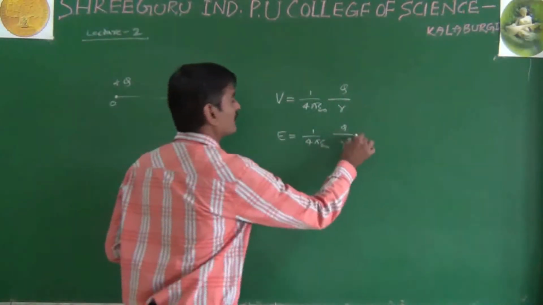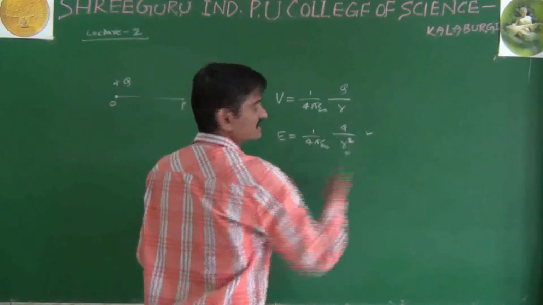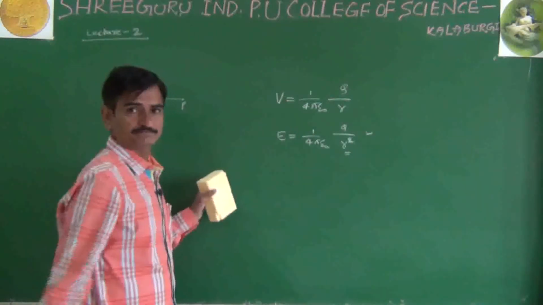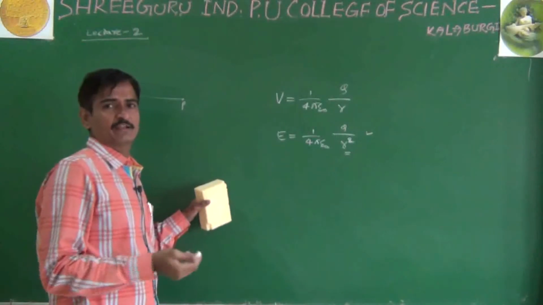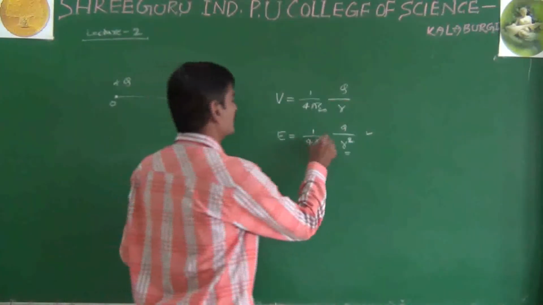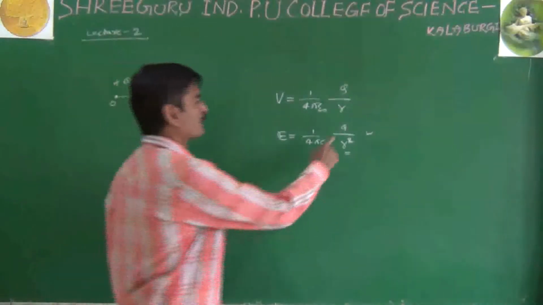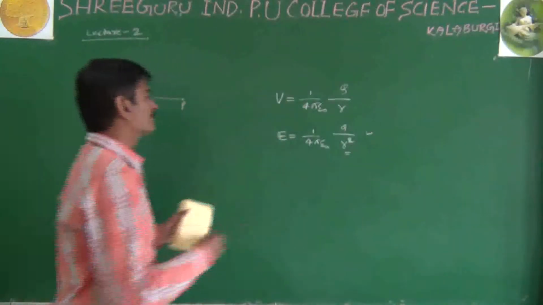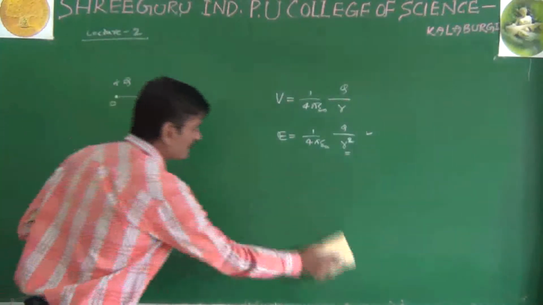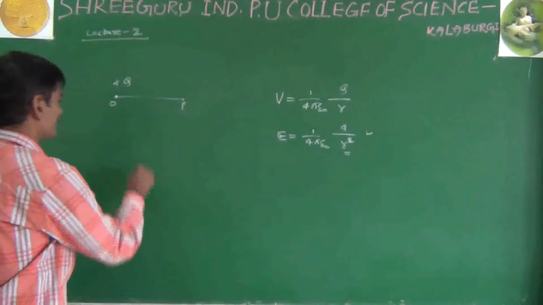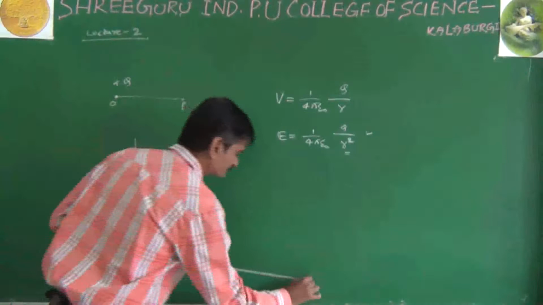This you have derived in the first chapter, not in this chapter. First chapter, electric charges and fields. In that chapter, you determined that the electric field due to a point charge is 1 by 4 pi epsilon naught Q divided by R square.